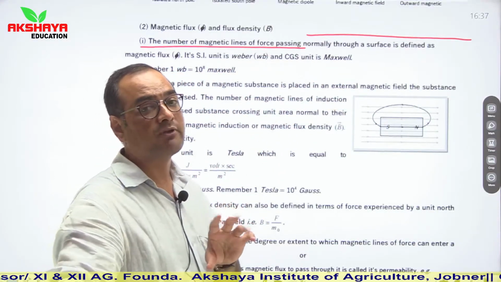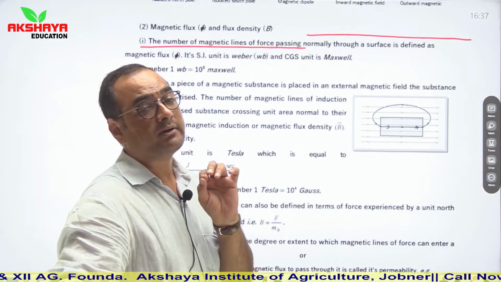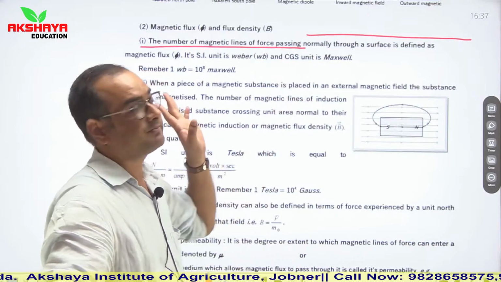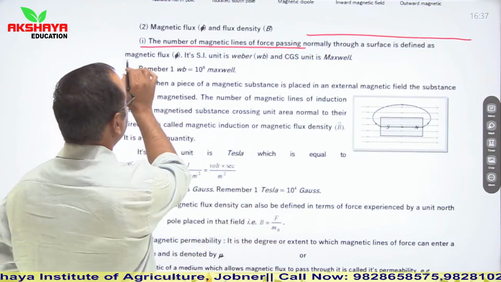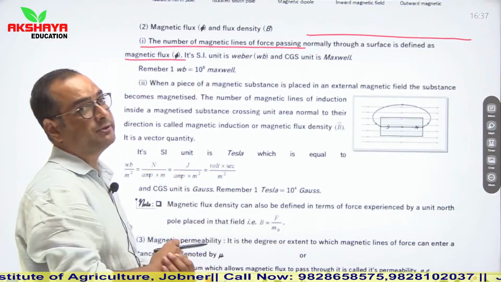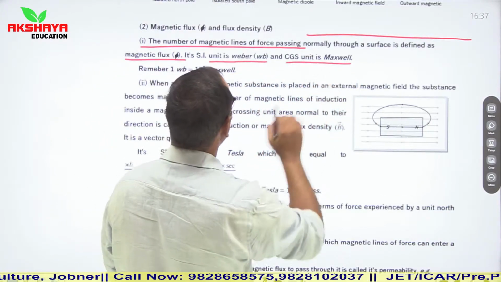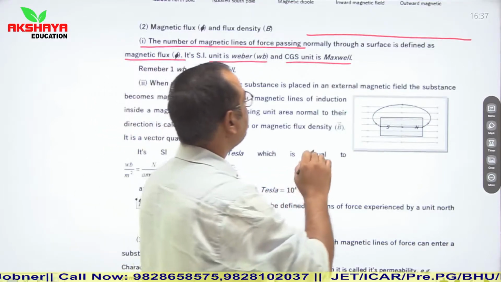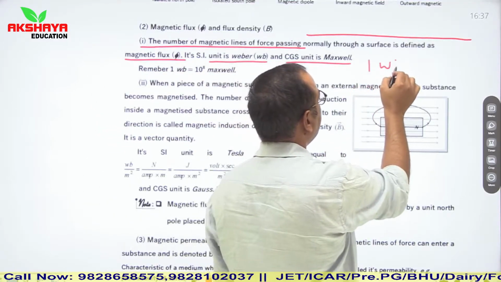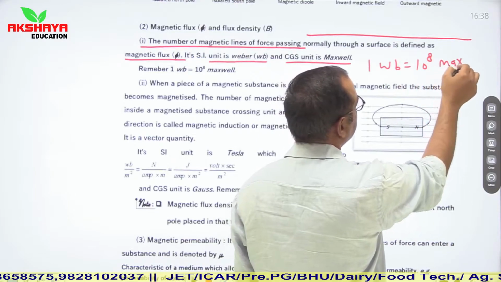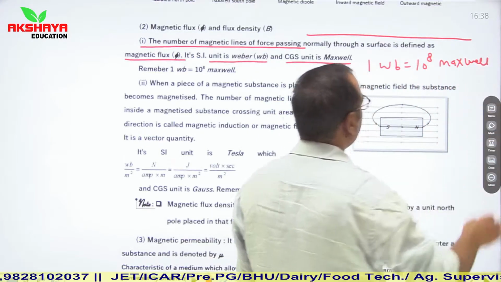So magnetic flux is: how many magnetic field lines are passing normally through any given surface. If you talk about the SI unit, then it is known as Weber and its CGS unit is Maxwell. The relation between Weber and Maxwell is that 1 Weber is equal to 10 to the power 8 Maxwell.